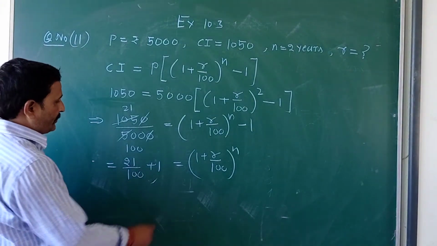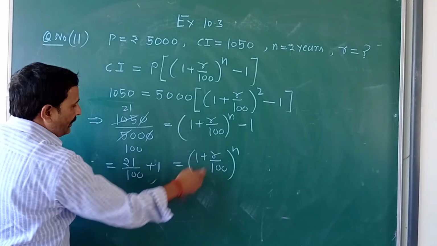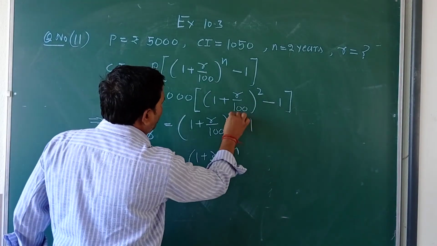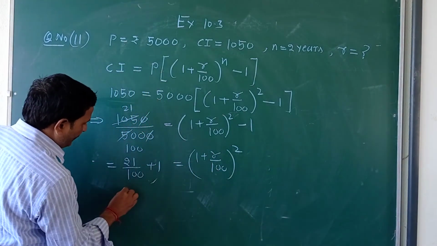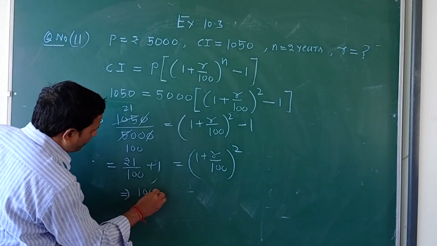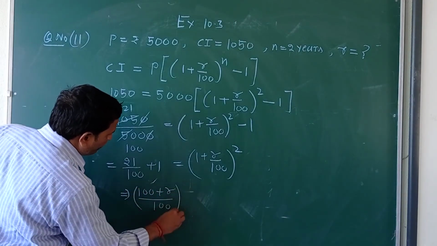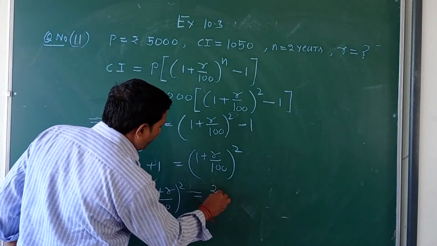That will be 121 upon 100. N is given 2 here, so 100 plus R upon 100 whole square is 121 upon 100.